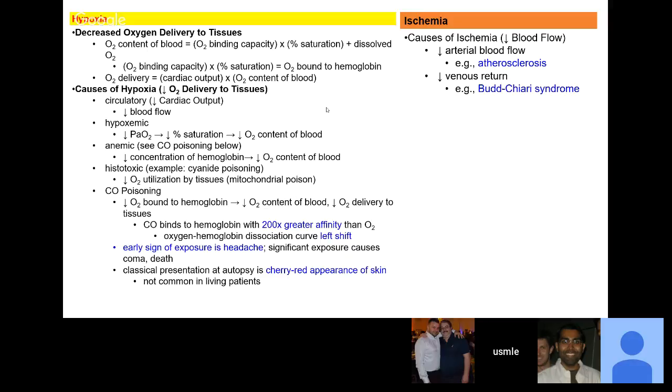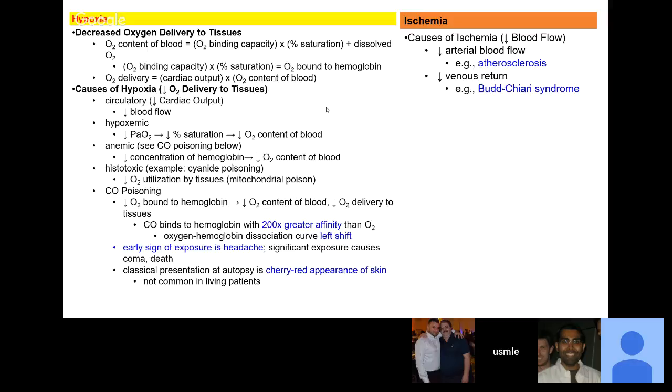Sometimes you're going to see between 200 and 400 as the number. But the poisoning, cyanide poisoning or CO poisoning, carbon monoxide, don't mix up with cardiac output, is going to bind to hemoglobin with 200 times greater affinity.